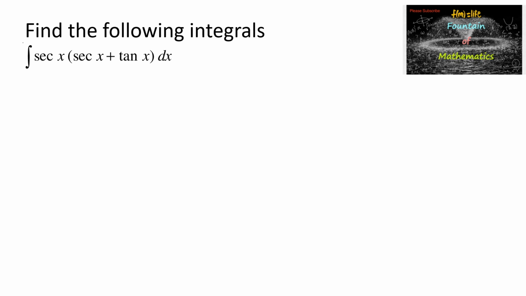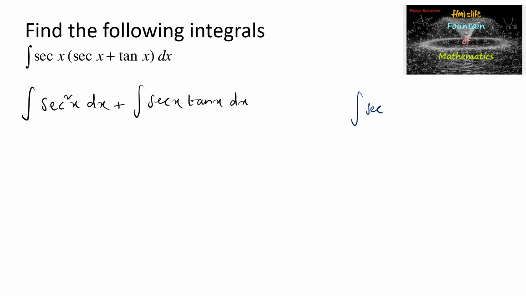Find the integral of secant x times secant x plus tan x dx. So we can write this as the integral of secant squared x dx plus the integral of secant x tan x dx. And we know that the integral of secant squared x is equal to tan x plus some constant, and the integral of secant x tan x dx is equal to secant x plus an integral constant.